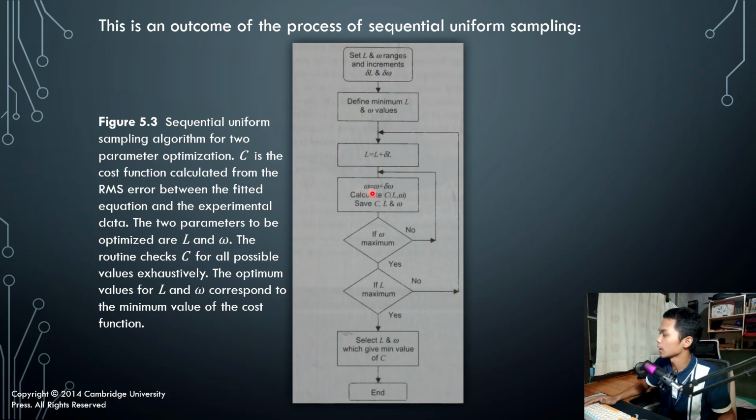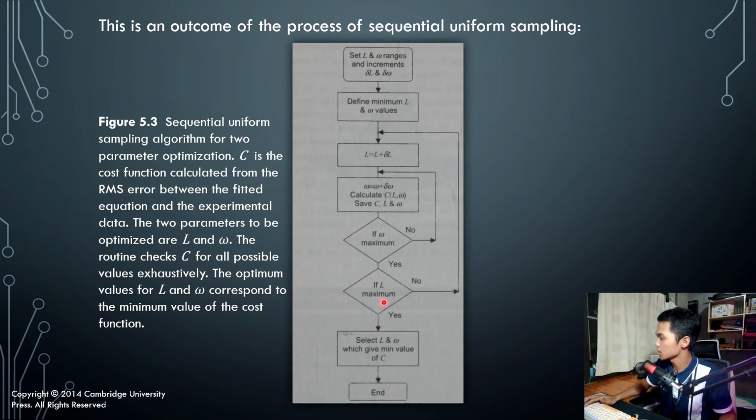Set omega as omega plus delta omega. Then you calculate the cost function C of L and omega. You save those numbers, and you can continue, see if omega is at maximum. If not, you return back to this step. But if you found the maximum value of omega, then you can go ahead and continue. Check to see if the L value is at maximum.